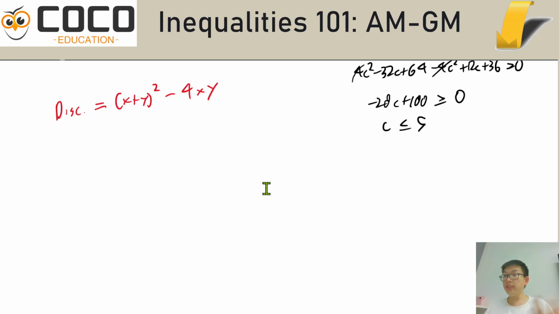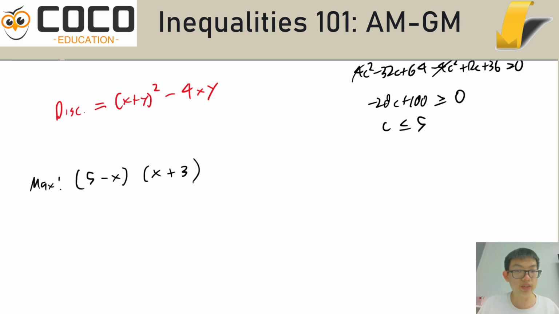Meaning that, for instance, if we took one of many examples where I ask you, for example, the maximum value of 5 minus x times x plus 3. Previously, we would have said complete the square. But now, if I want it to be maximized, these two sum to 8. Obviously, I don't want to maximize it by making something negative, so I can assume they're both positive.